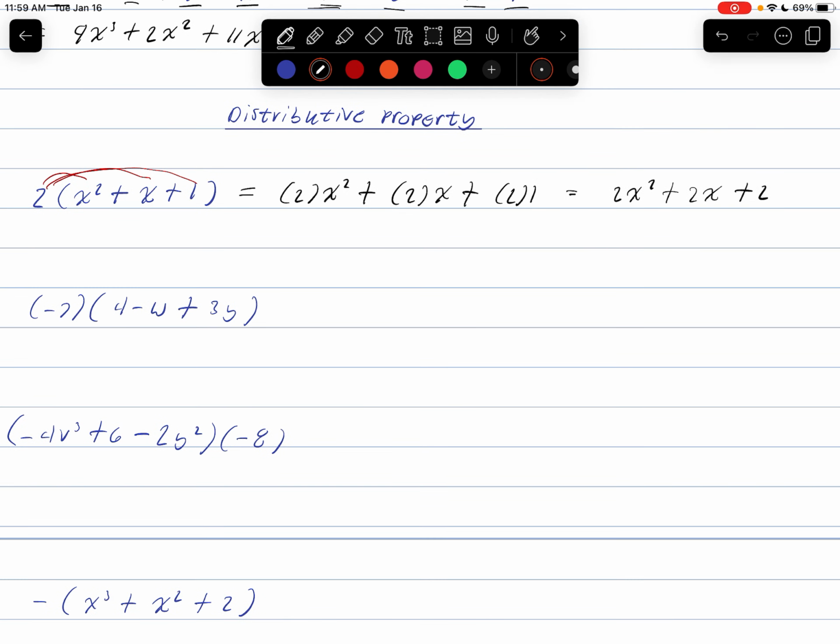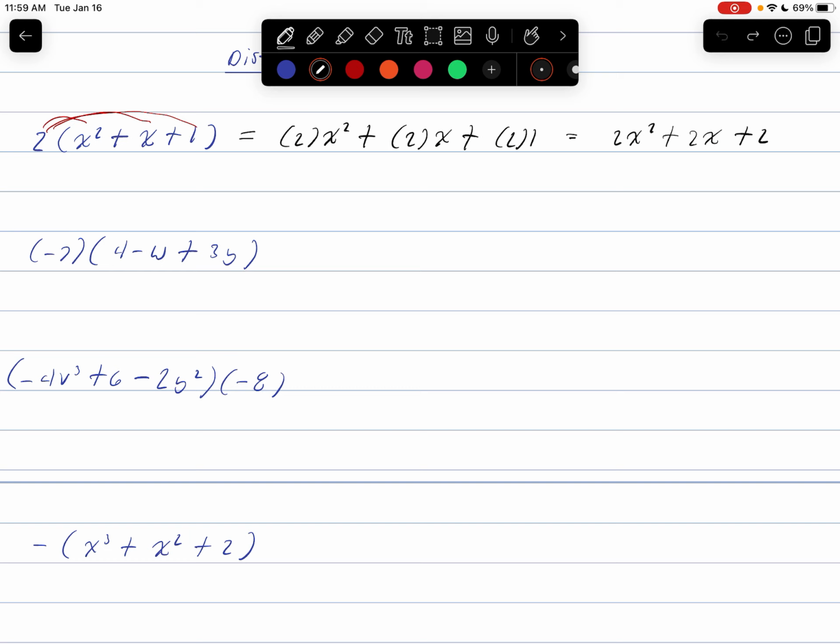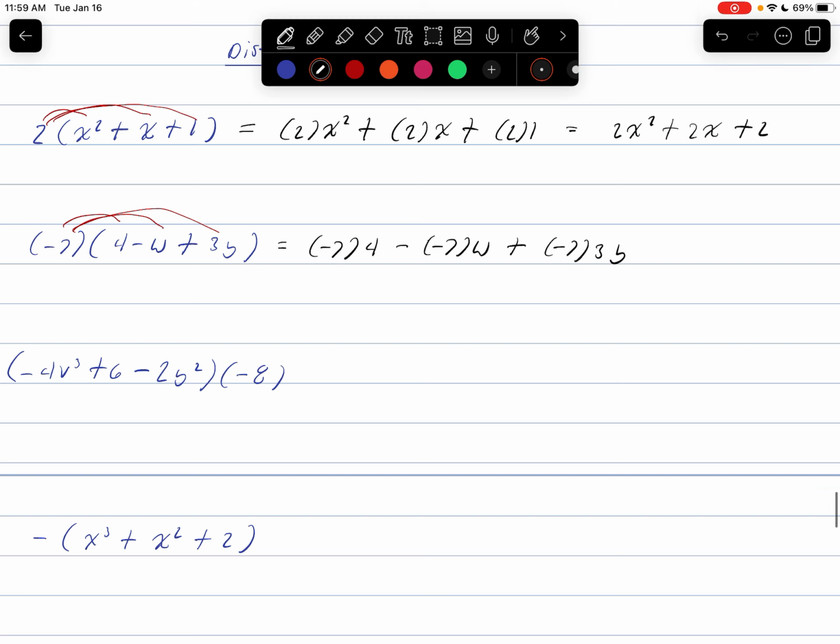Okay, so now let's take a look at this one. We have -7 times the whole expression 4 minus w plus 3y. This -7 is going to be sent to the 4, to the negative w, and to the 3y. So we can rewrite this as -7 times 4 minus -7 times w plus -7 times 3y.